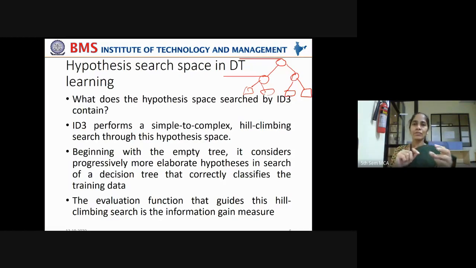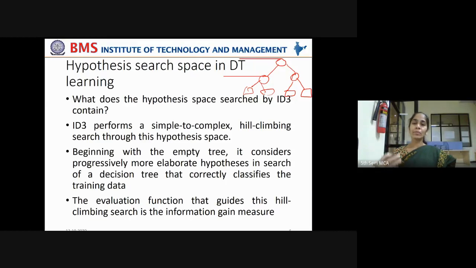Whenever it stands at a root node, it tries to calculate the information gain with all the attributes, finds out which attribute is giving the best information gain, and proceeds with that attribute further. That is why we call it hill climbing search.